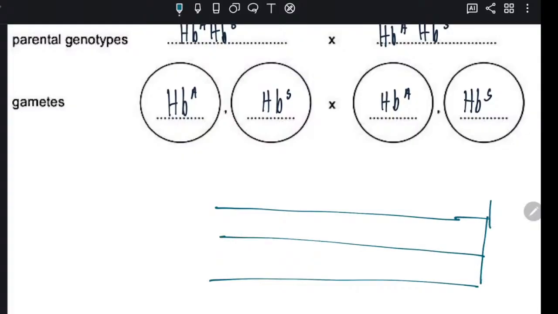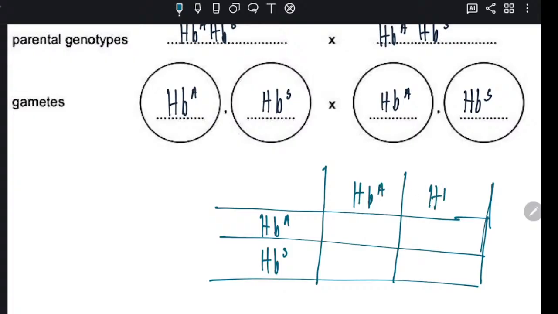And then you put 1 again, 2, 3 like this, three lines as well. Right? Now, let's go. This is going to be HBA and HBS. Then HBA and HBS. Now cross the parents, please.